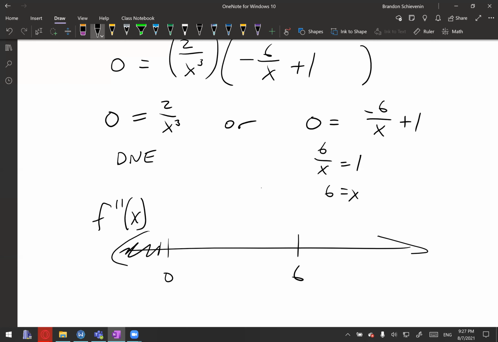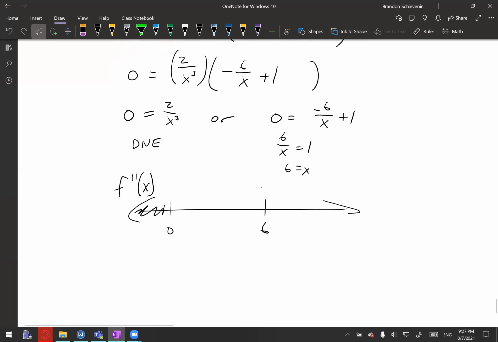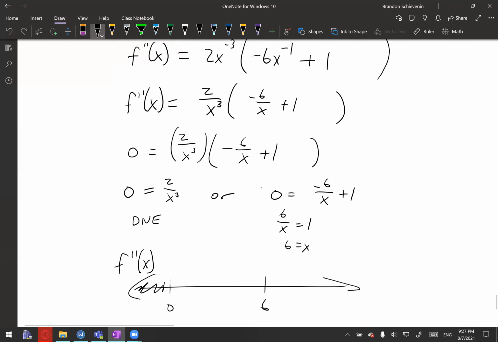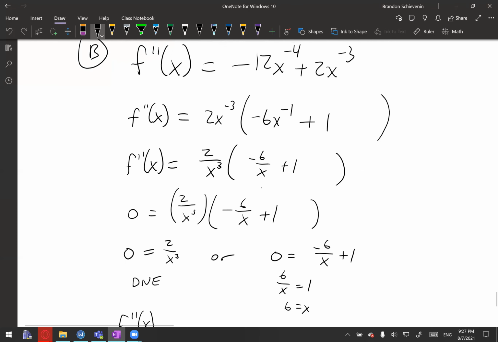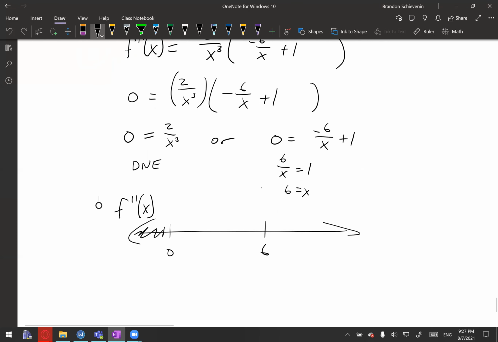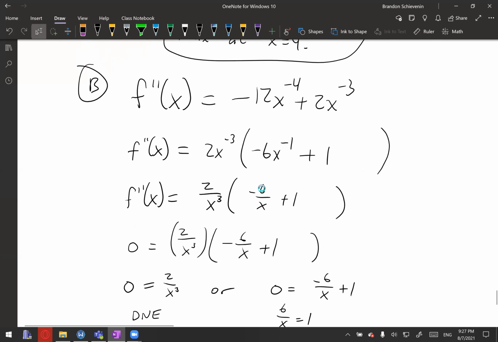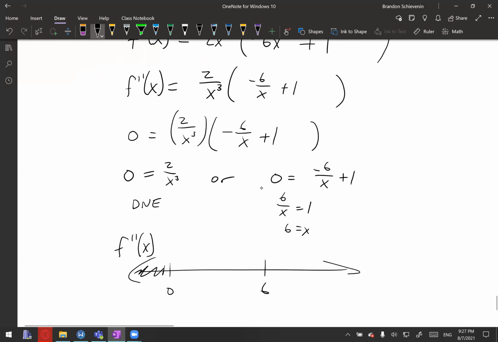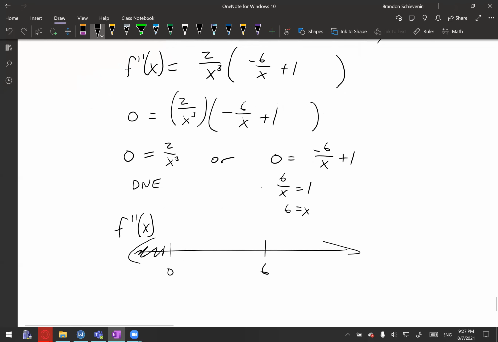Okay, general form was this one. I'll steal from here actually. So 2 over x cubed and negative 6 over x plus 1. Jade, over to you.